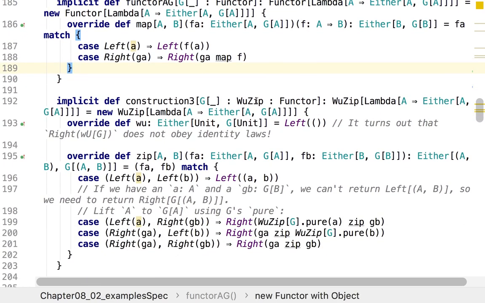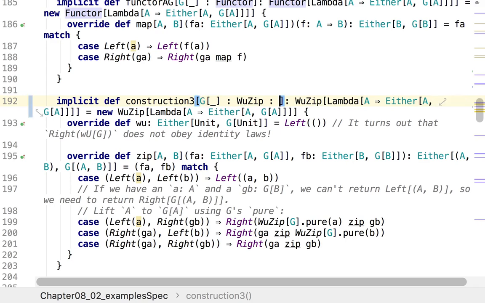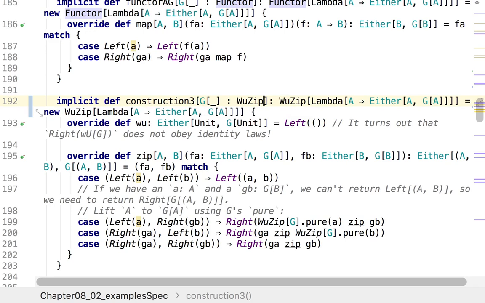Let's define the zip instance. So I have put here a type constraint so that they're both a zip and a functor. And this is just so that I could more easily use map on G if I ever need it. But it seems I don't really need it. So let me remove it from here.